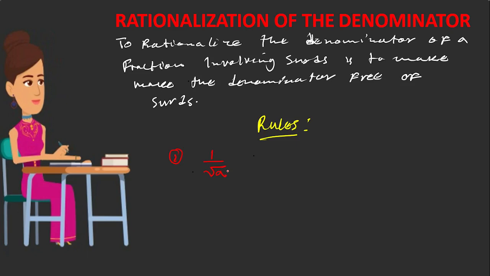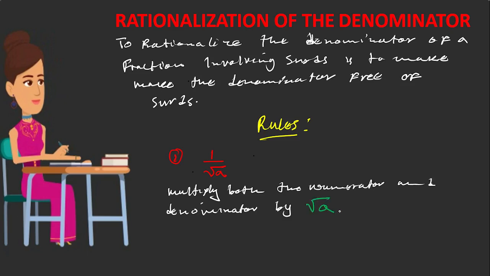If a fraction is of this form, what you need to do is multiply both the numerator and the denominator by square root a.